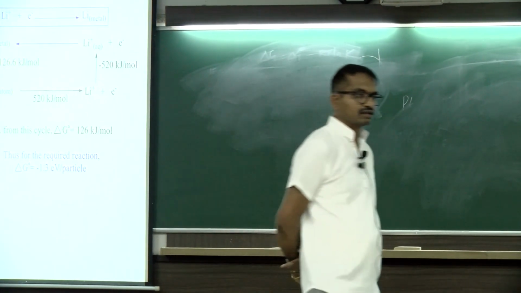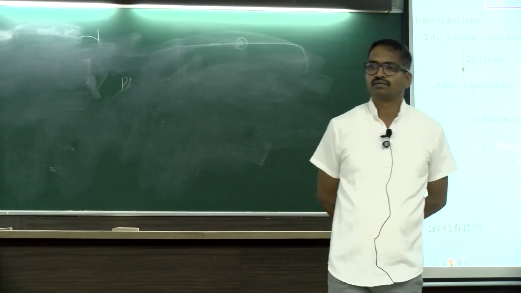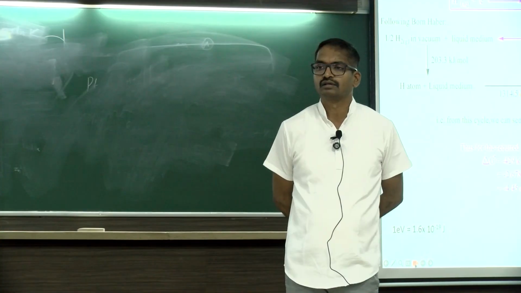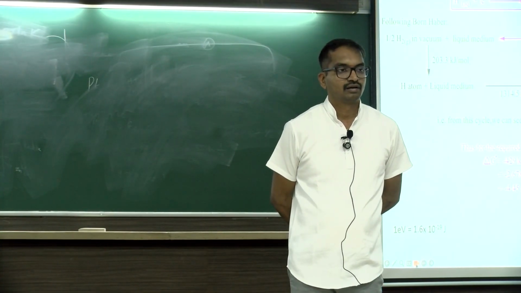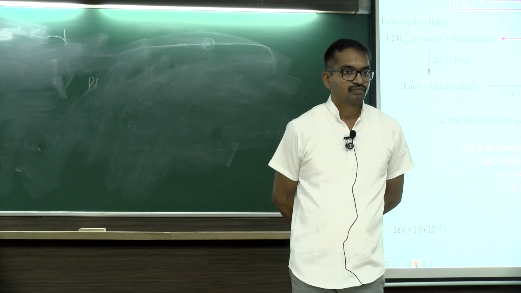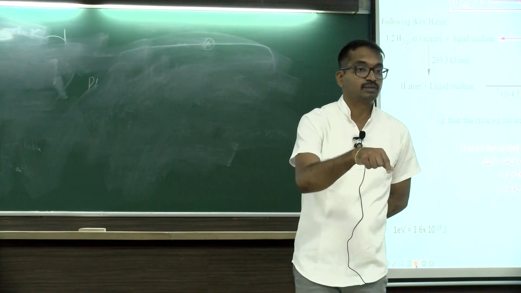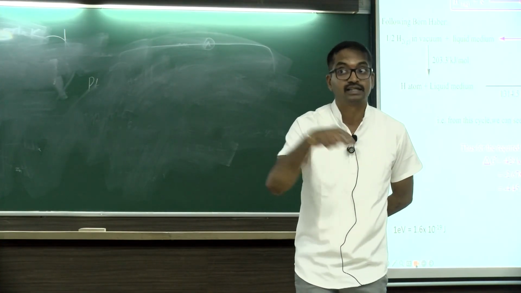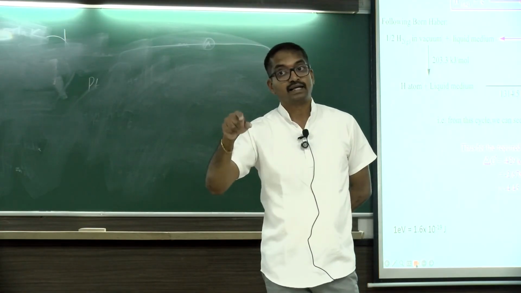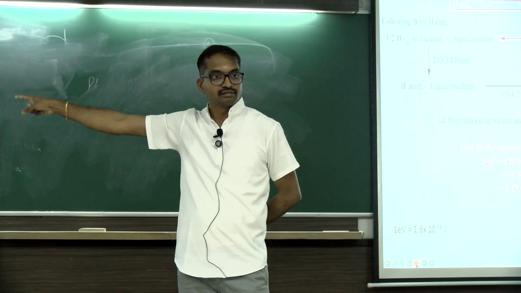First year or second year, where the energy required to remove an electron from hydrogen is 13.6 electron volt. That means to add the electron to H plus in gas phase, if you add an electron, how much energy will come out? Minus 13.6 electron volt. But I do the same reaction and I am getting only minus 4.45.